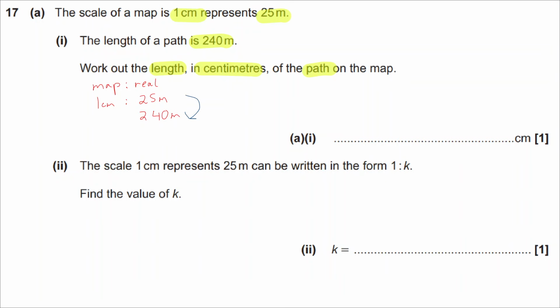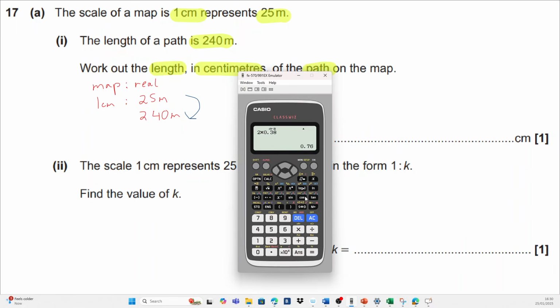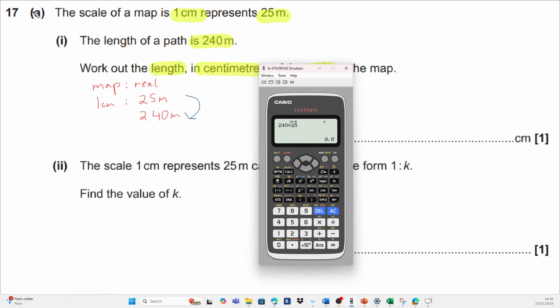Again, get your calculator out, and let's do 240 and then divide that by 25, and that's going to give you this, which is not too bad, 9.6. So if you multiply 25 by 9.6, you get to 240. So you do the same thing over here.